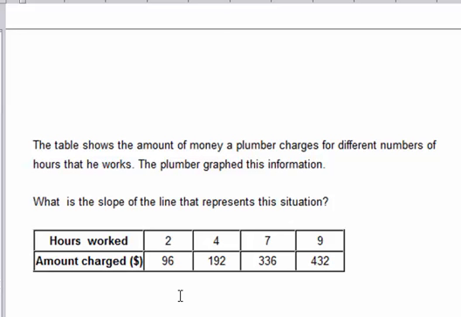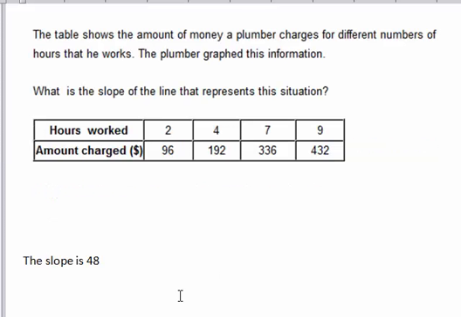If you take 336 and divide that by 7, you get 48. 432 divided by 9, you get 48. So each of those per 1 hour is 48. So you can graph it, or you can just divide like I just did here, and you get that your slope is 48. So the plumber charges $48 per hour.